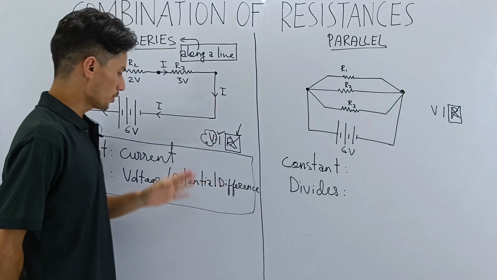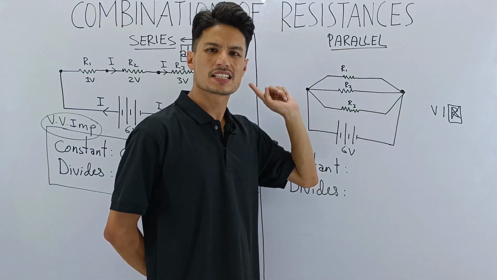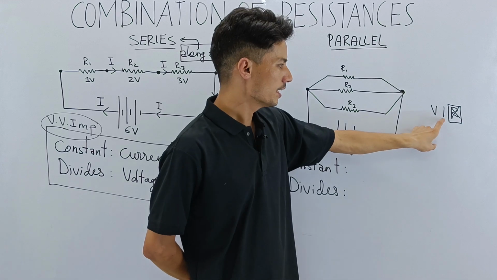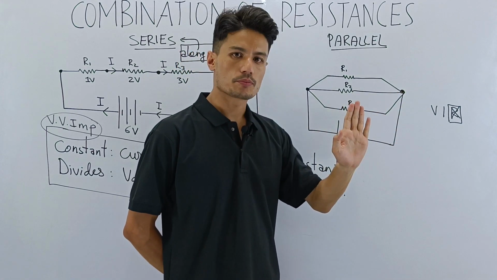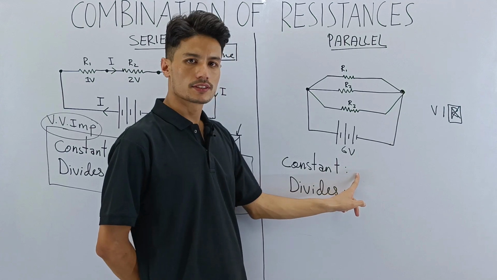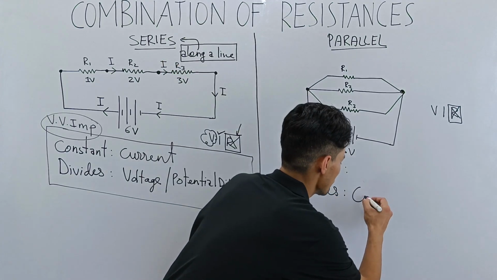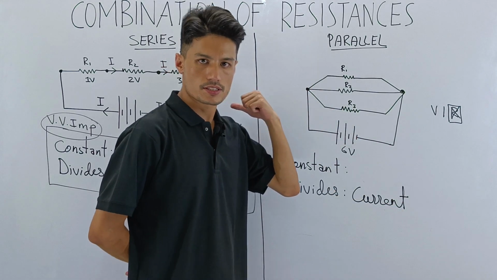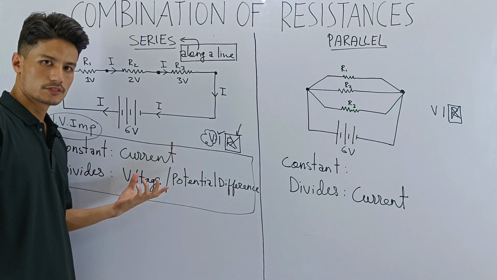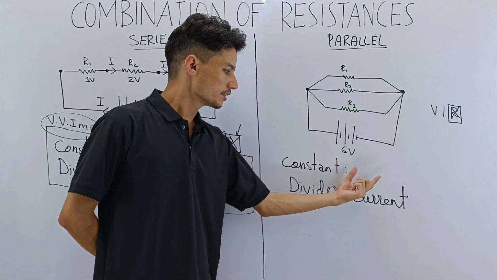Now if you have understood series, then just do the opposite of what you have done in series. Okay, in series current was same, so in parallel combination current will not be same. That means current will not be constant. Current gets divided. So current will get divided. If you have understood this one, you can rely on this information to easily understand this one.